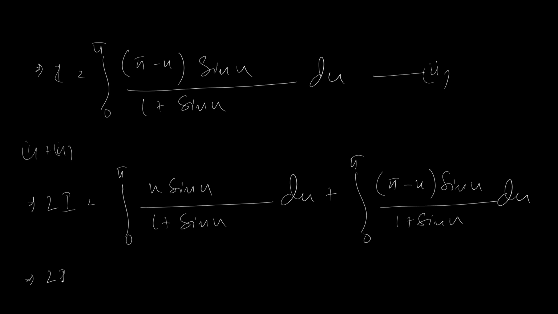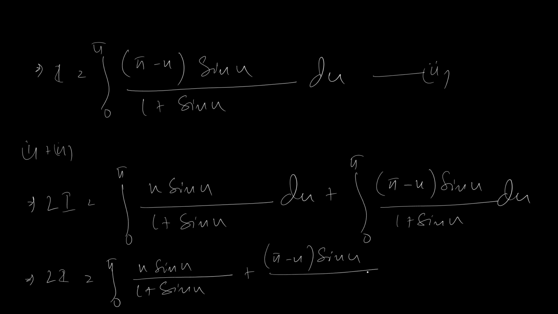So twice I is the integral from 0 to pi of [x sin x plus (pi minus x) sin x] by 1 plus sin x dx.